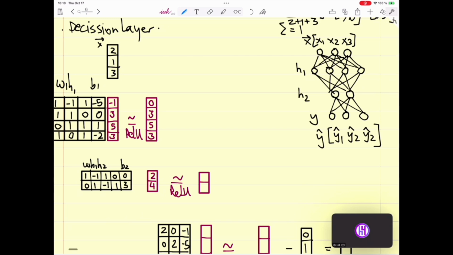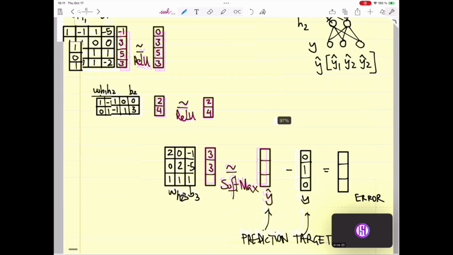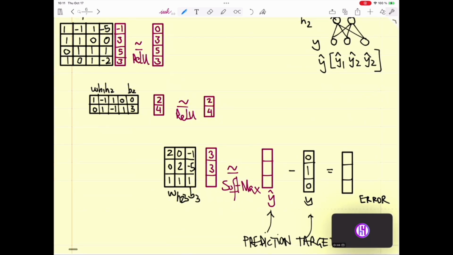Because we have a ReLU, the 2 stays a 2 and the 4 stays a 4. And now I have 2 times 2 plus 0 is 2. Minus 1 is 4, minus 1 is a 3. 2 times 0, 0 plus 8 minus 5 is again a 3. 2 times 1 plus 4 is 2 times 1 is 2 plus 4 is 6 plus 1 is 7.